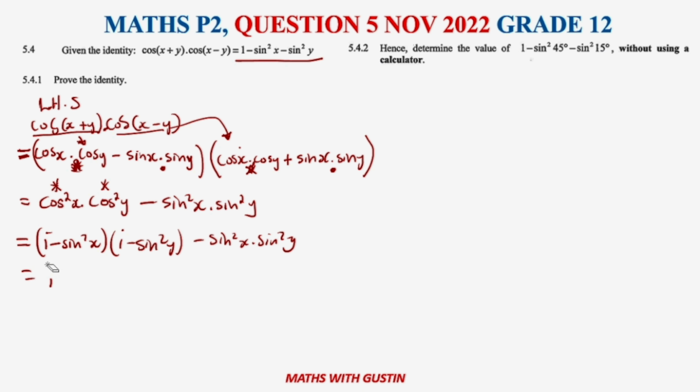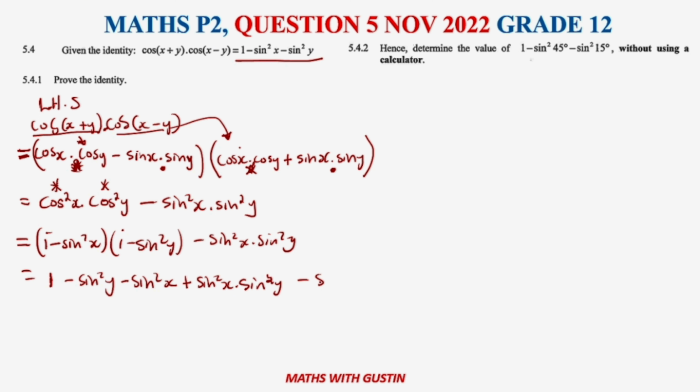No, there's no multiplication anymore after this one, so no need for bracket. 1 times negative is going to be negative sine squared y, and negative sine squared x times 1 is negative sine squared x. Okay, and therefore negative times negative will give us a positive, which gives us sine squared x times sine squared y.